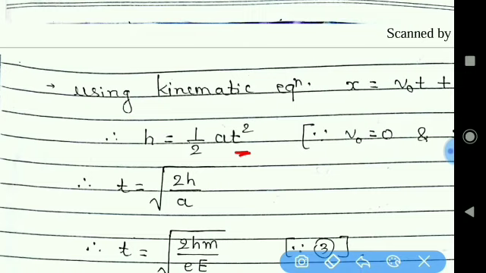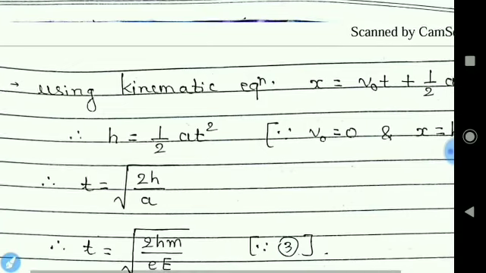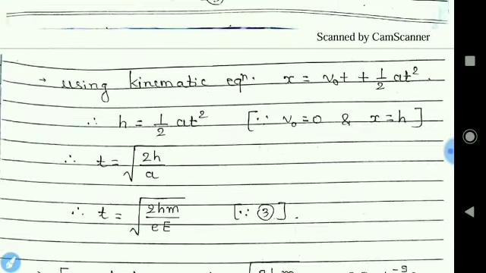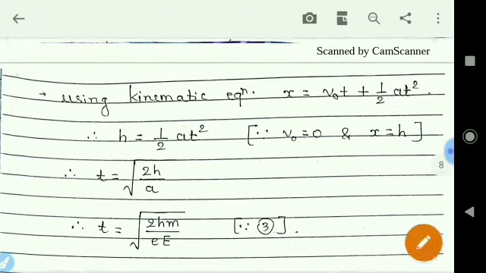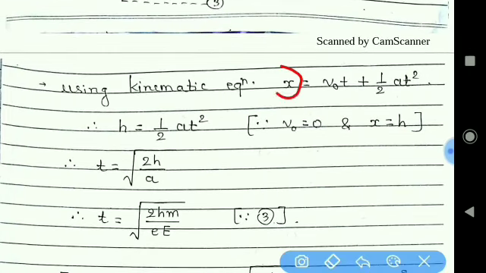Acceleration is already obtained. Now using kinematic equations which you have studied in 11th standard, the distance is given, which is denoted here by h, time is to be obtained, acceleration is known to us.